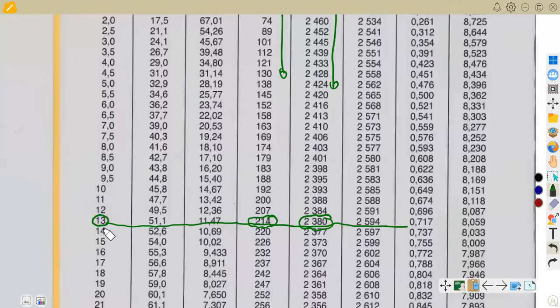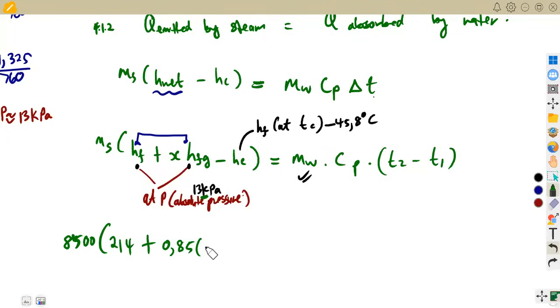At the same pressure of 13 kilopascal, we obtained HFG here as 2,380. So it's going to be 2,380 minus HC. So like I said, HC is the value of HF at TC. That's at 45.8 degrees Celsius.